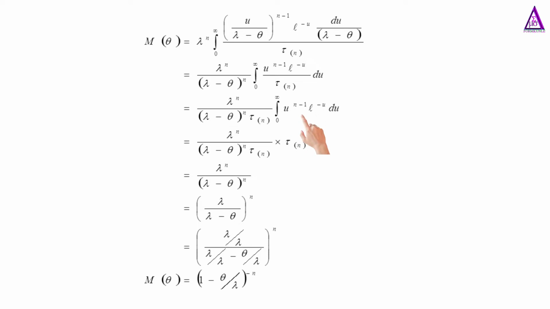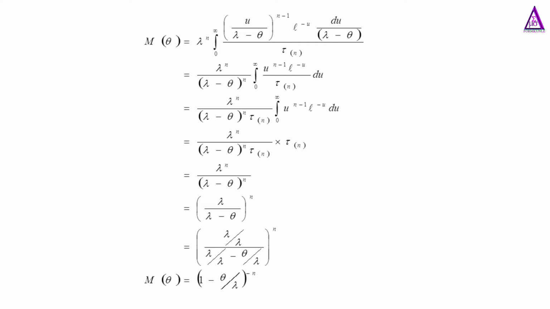According to the rule of the gamma distribution, all the things here give us gamma subscript n. So gamma subscript n cancels gamma subscript n in equation 4, and we have lambda raised to the power n divided by (lambda minus theta) all raised to the power n.